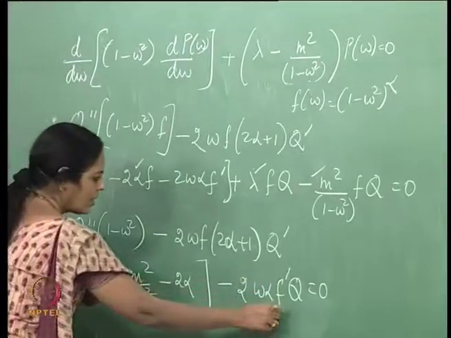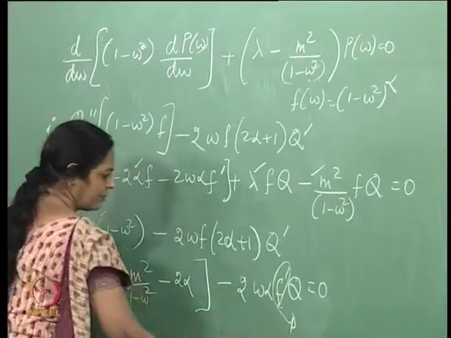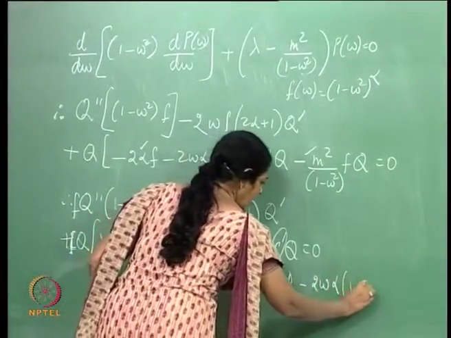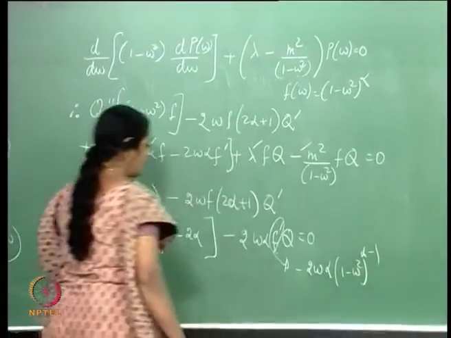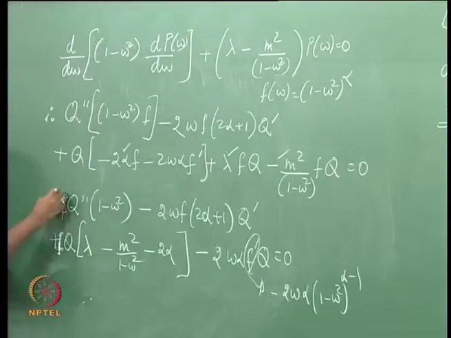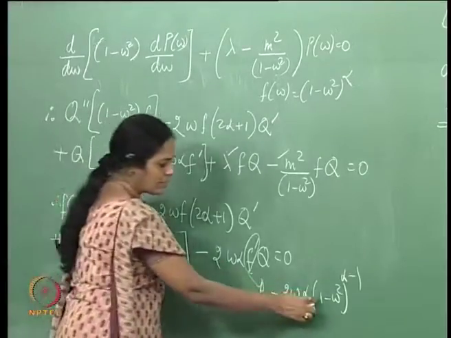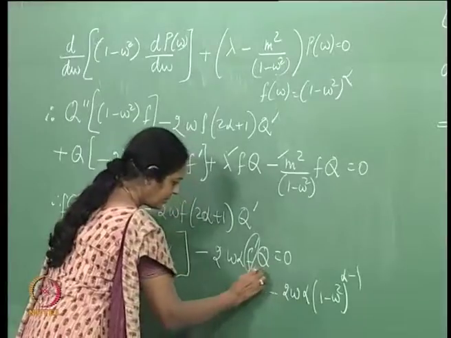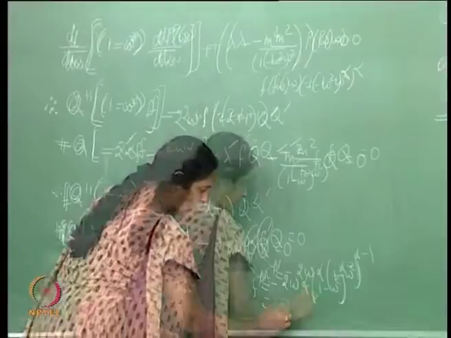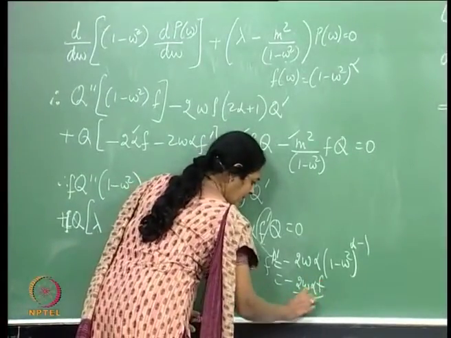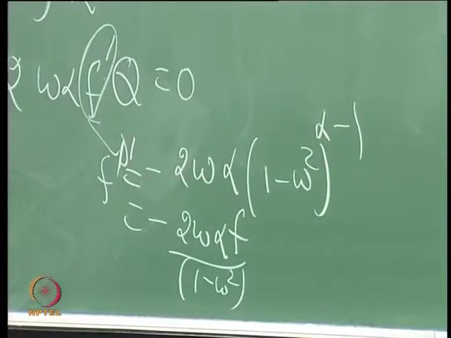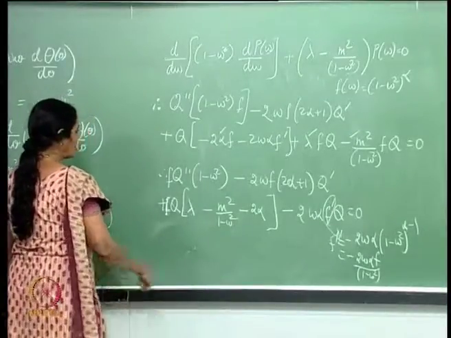But you see, once I substitute for f prime as minus 2 w alpha (1 - w^2)^(alpha - 1), I can rewrite this equation cancelling f on all sides. This object f prime, which is this, can also be written as minus 2 w alpha f by (1 - w^2). And therefore, the equation takes on a very nice form.